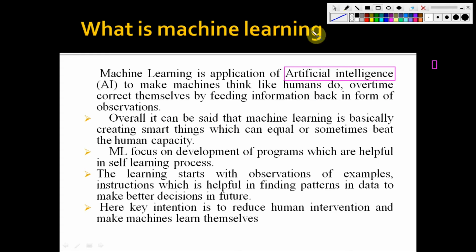Okay, so overall it can be said that machine learning is basically creating smart things which can equal or sometimes beat humans. So it is creating smart things which can be equal in efficiency to human beings, or they can beat human beings, right? Machine learning focuses on the development of programs which are helpful in the self-learning process.